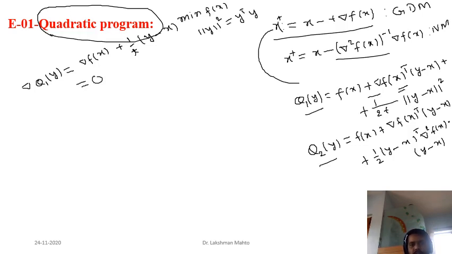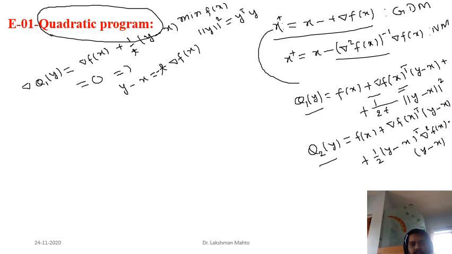Equate this gradient to 0 in order to get the optimal solution. If you simplify this, you will get y minus x equal to t times, bringing this to the other side, negative gradient of f at point x.